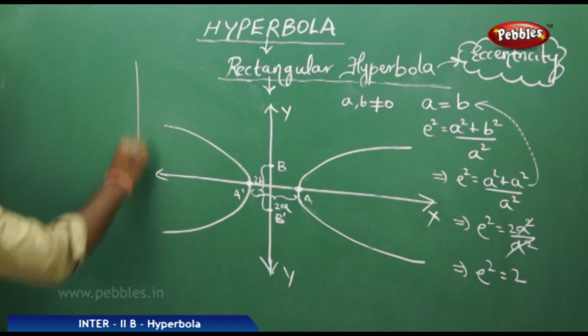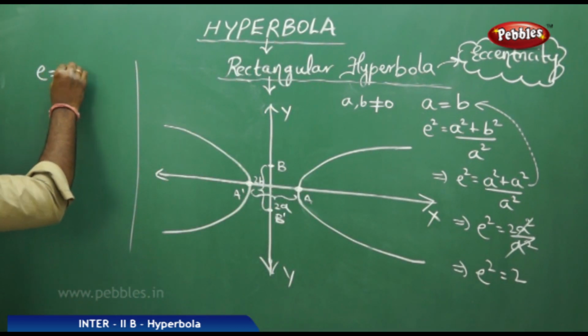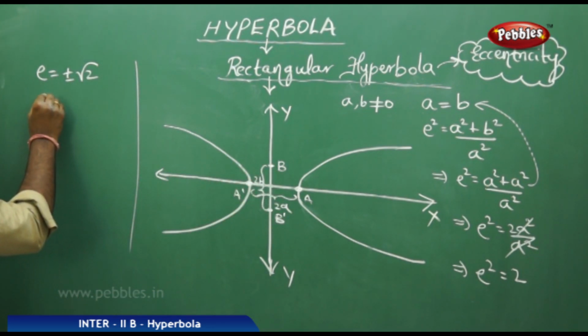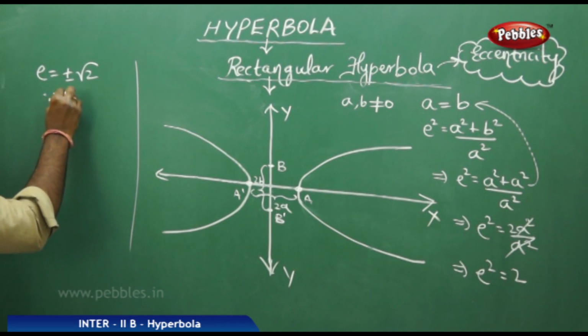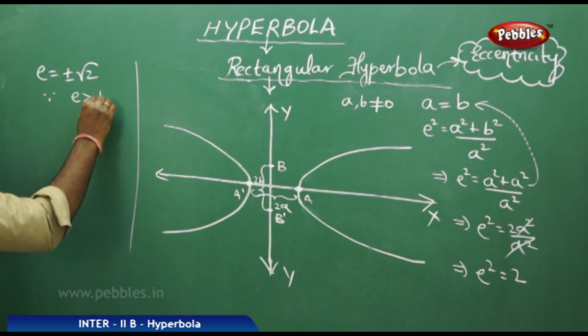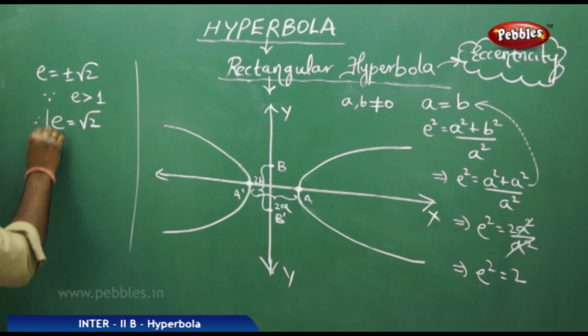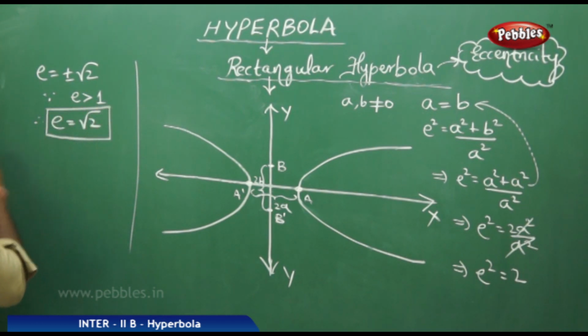Now this leads to E equal to plus or minus root 2, but I don't take the negative value because E is greater than 1. Therefore, I have only one value for E, that is root 2.